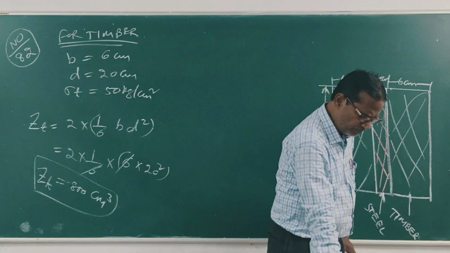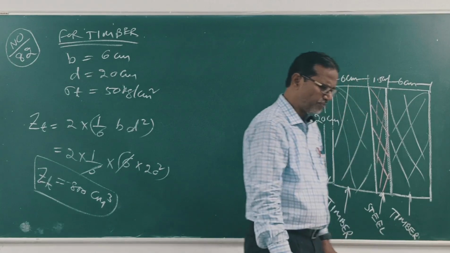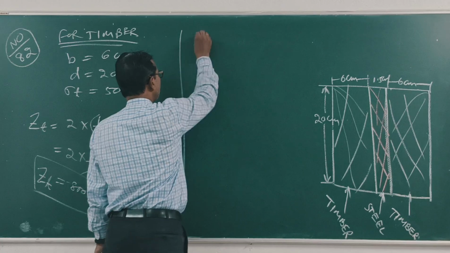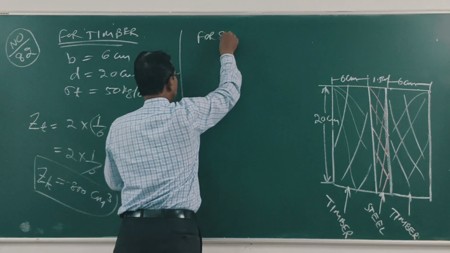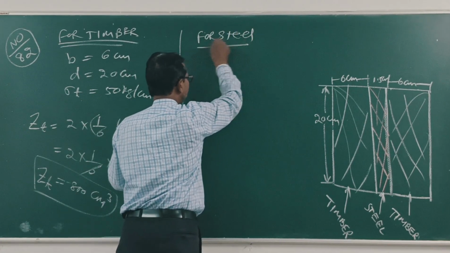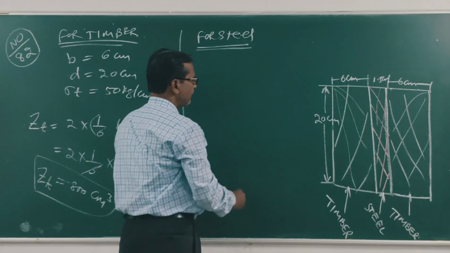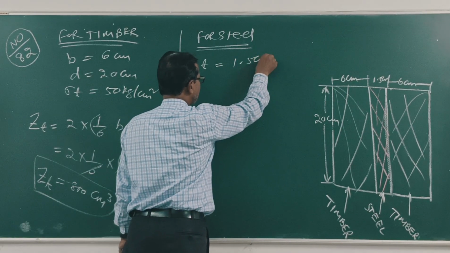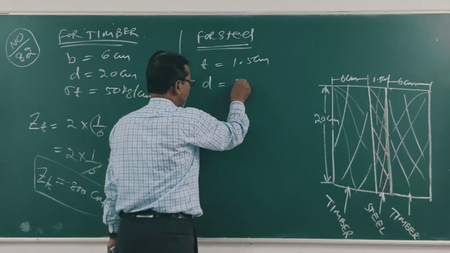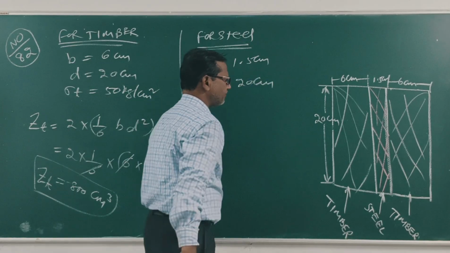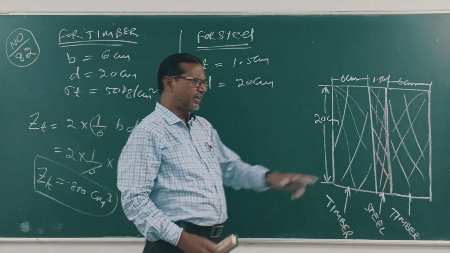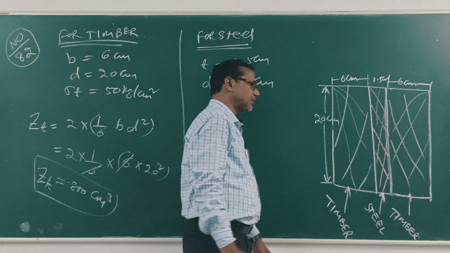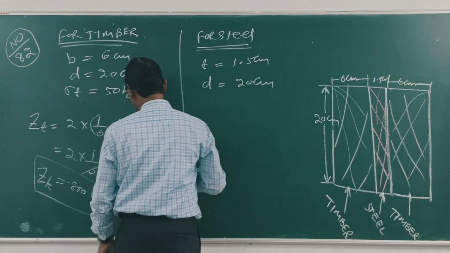Similarly, for steel, T is equal to 1.5 cm, depth D is equal to 20 cm. Clear? T is 1.5 cm, depth is 20 cm. So what is Z equal to?